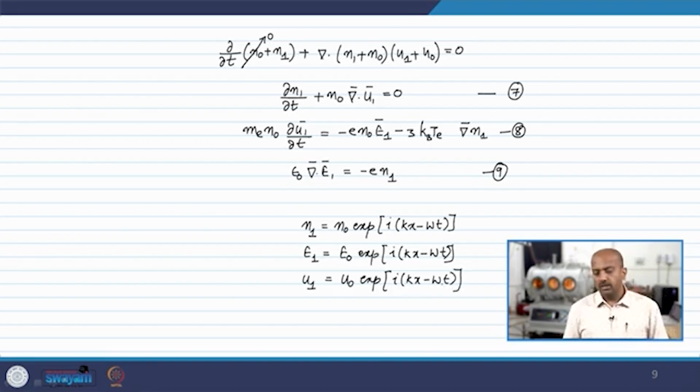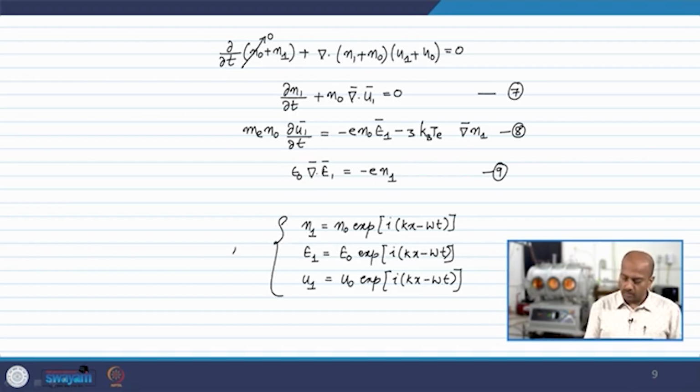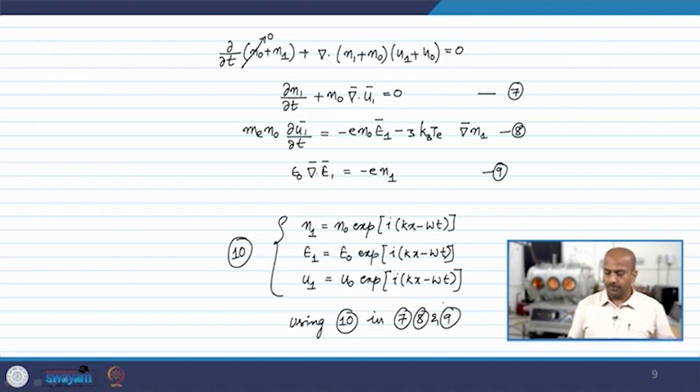We know very well only the real part will have some physical meaning when you take these solutions. Let us call them equation number 10, and we have to substitute the set of equations in 10 into 7, 8 and 9.